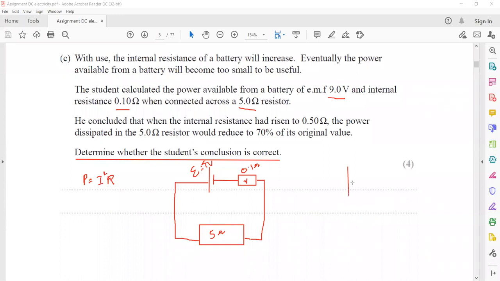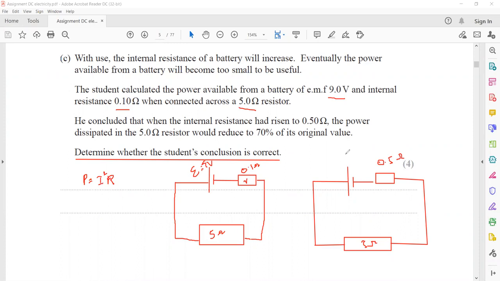The internal resistance has changed to 0.5 ohm. So this one is 0.5 ohm. This is again 5, and the EMF is equal to 9.